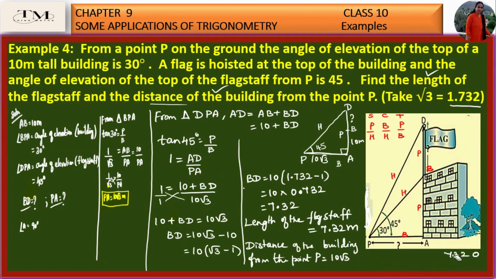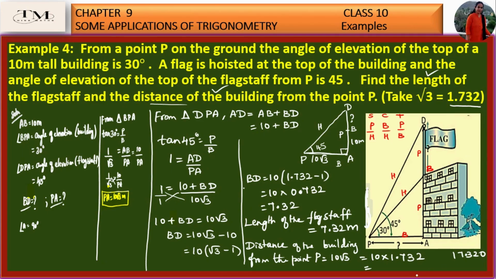So let me erase this. Instead of root 3, you can put 10 into 1.732. If you put one 0 here, it will be 1.01732. How many numbers are there after decimal? It is 3 numbers, 1, 2, 3.